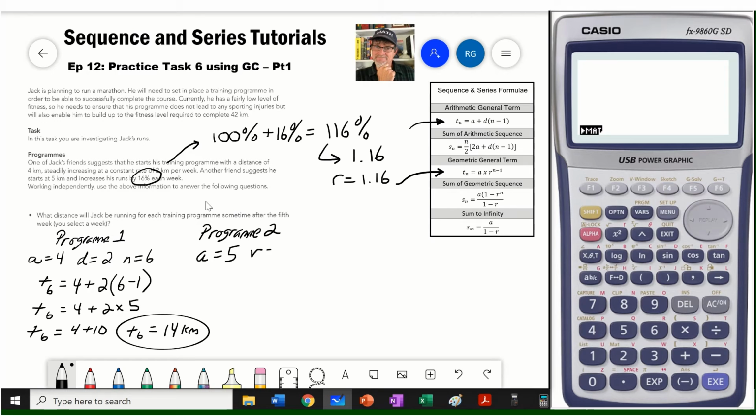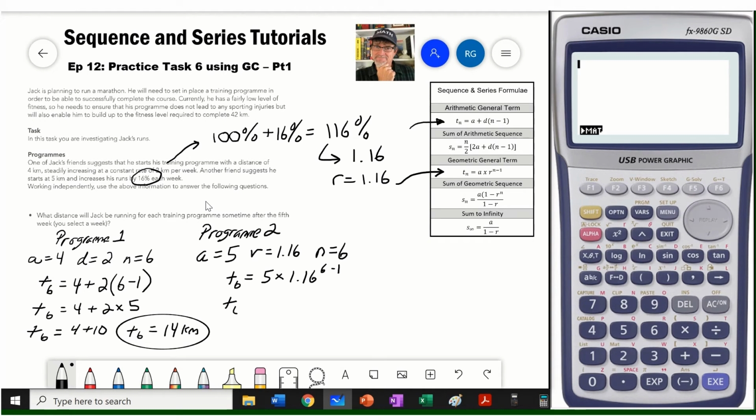So we've got an R of 1.16, and once again, our N is 6. So we're going to plug those into our geometric general term. So here we go. T6 equals A, that's 5, times R, that's 1.16, raised to the power of N minus 1, so 6 minus 1.